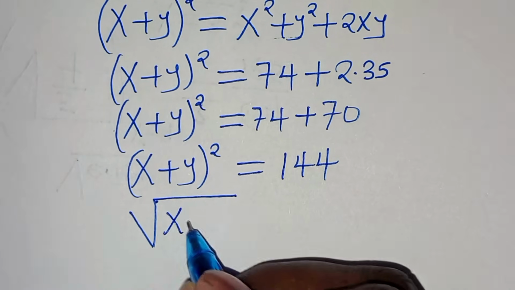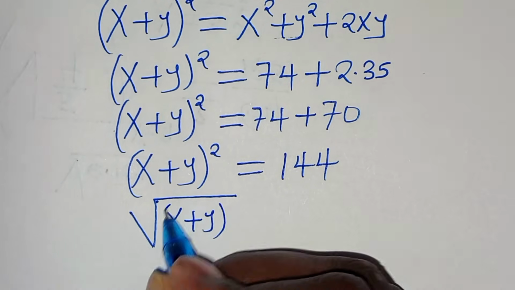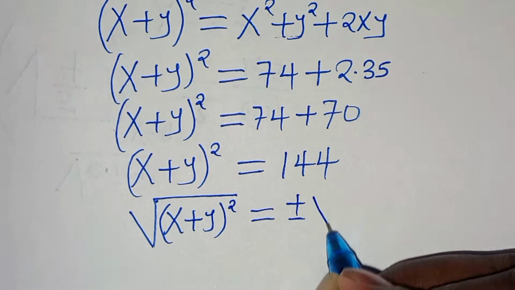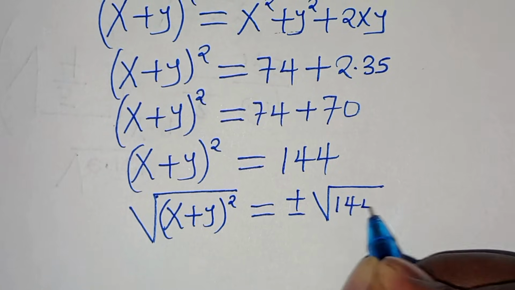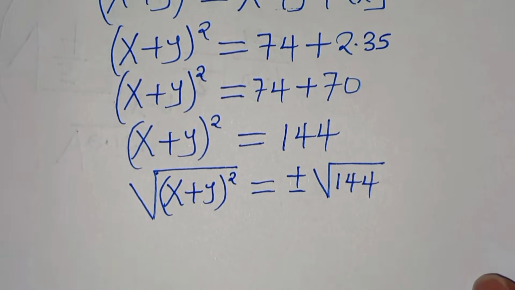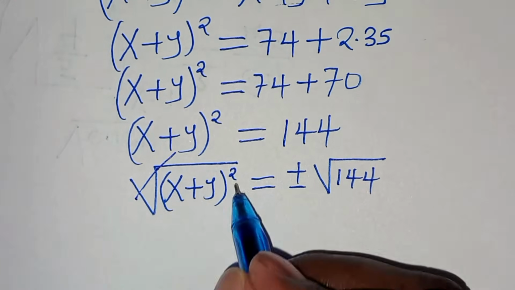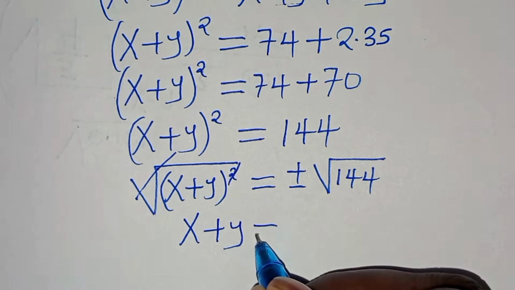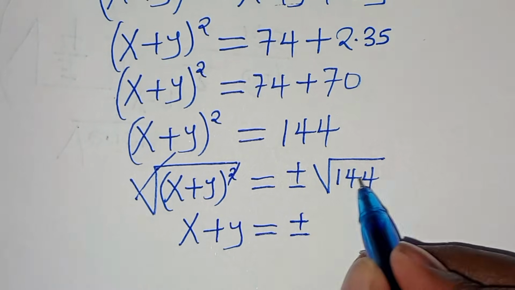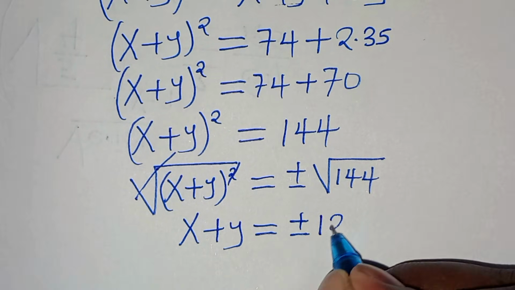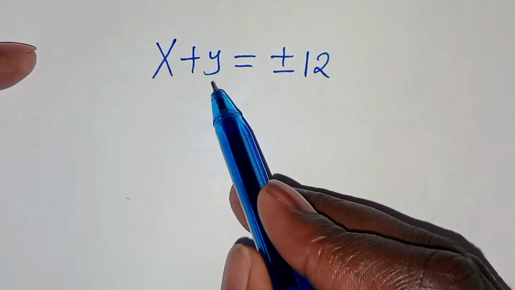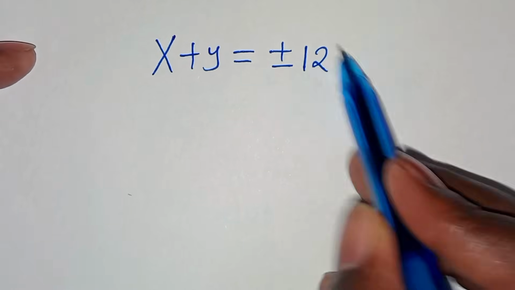So the square root of x plus y raised to the power of 2 is equal to plus or minus the square root of 144. So let's eliminate the square root sign here. And this means that x plus y is equal to plus or minus the square root of 144, which is 12. So we have two values of x plus y here: x plus y is equal to plus or minus 12.